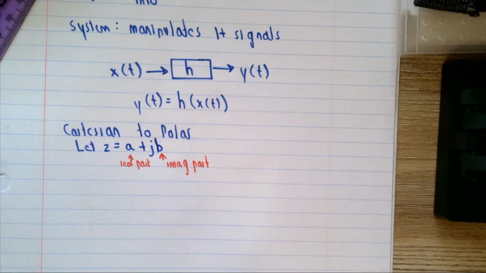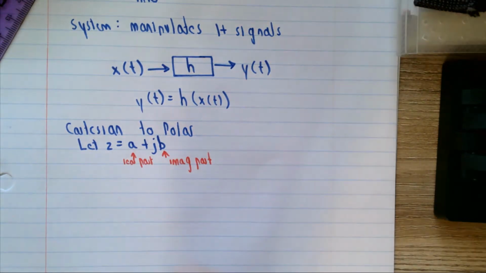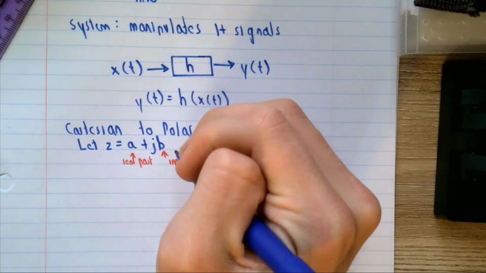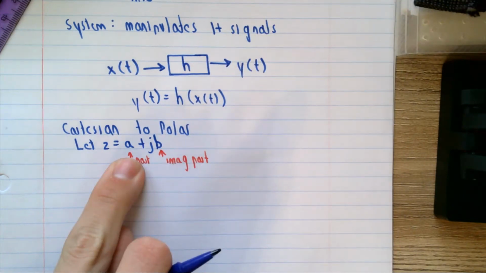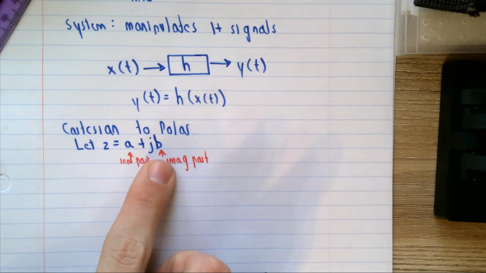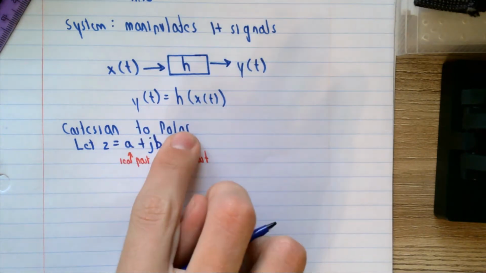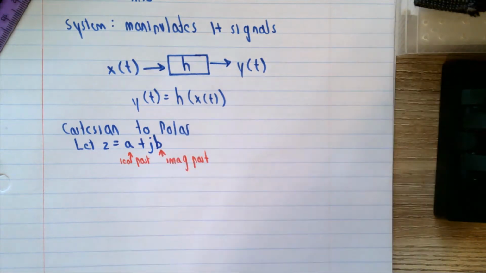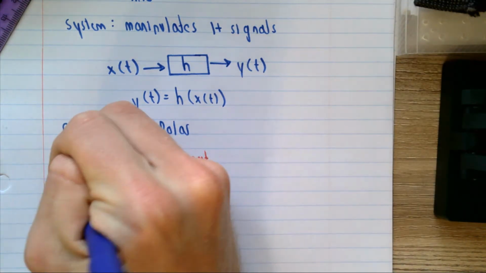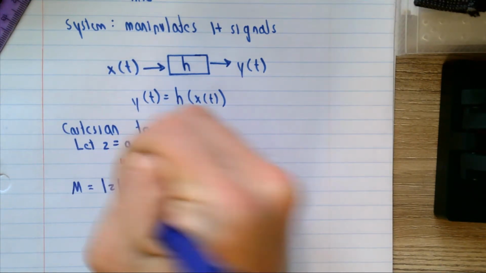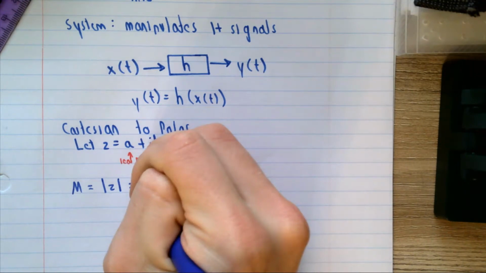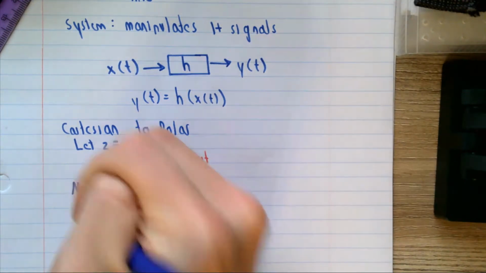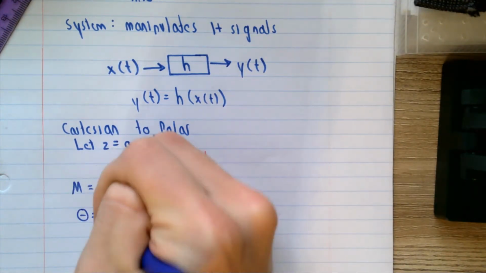If we have our a and b terms, representing how much we go in the x direction and how much we go in the y direction, and we want to change that to polar, which is the magnitude and phase angle representation, the magnitude is equal to the absolute value of the vector, which is just the diagonal, the square root of a squared plus b squared. And then the phase angle is equal to tangent inverse of b over a.